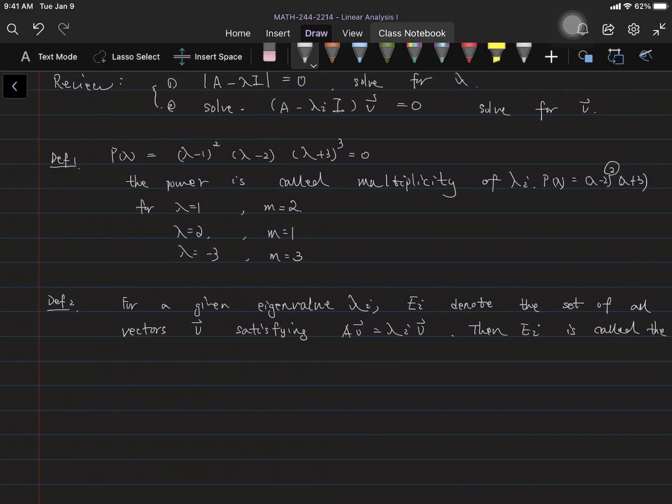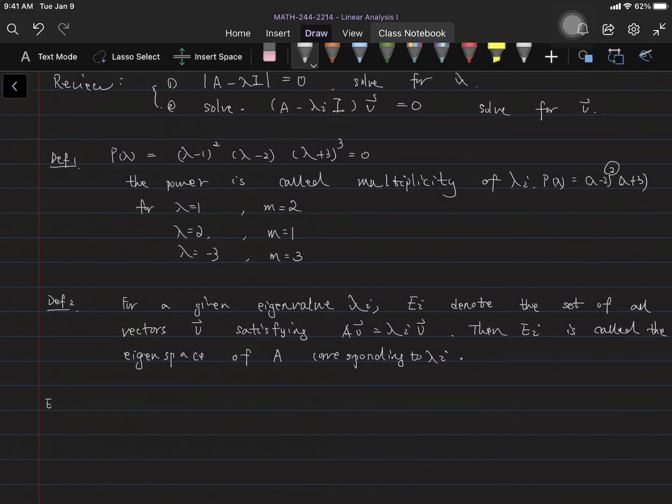If we put all eigenvectors together, it's called the eigenspace of A corresponding to lambda I.